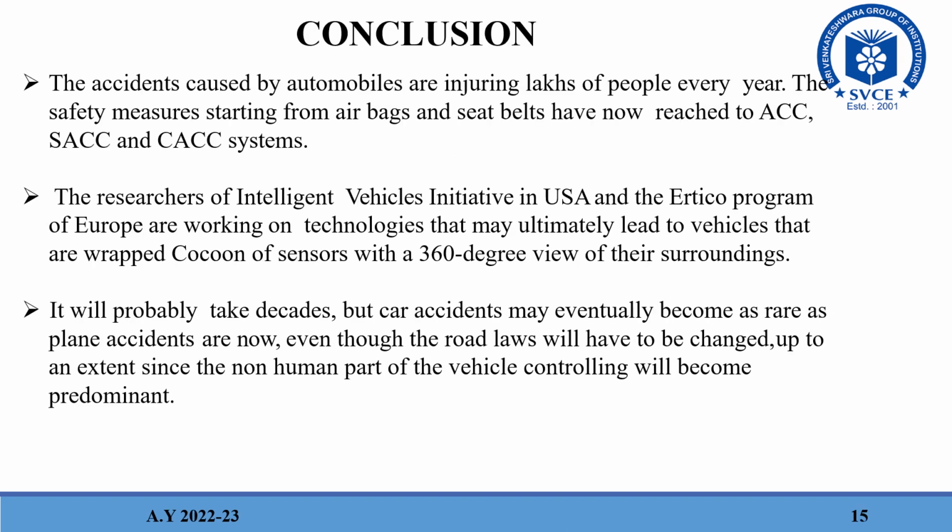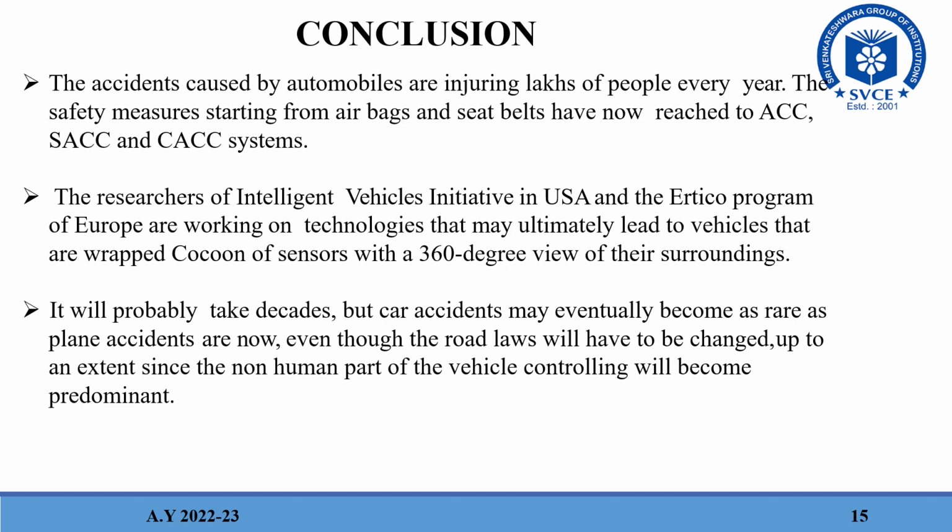And finally, the conclusion: accidents caused by automobiles injure lakhs of people every year. The safety measures, starting from airbags and seat belts, have now reached ACC, SACC and CACC systems. The researchers of the Intelligent Vehicles Initiative in the USA and the Ertico program of Europe are working on technologies that may ultimately lead to vehicles wrapped in a cocoon of sensors with a 360-degree view of the surroundings.